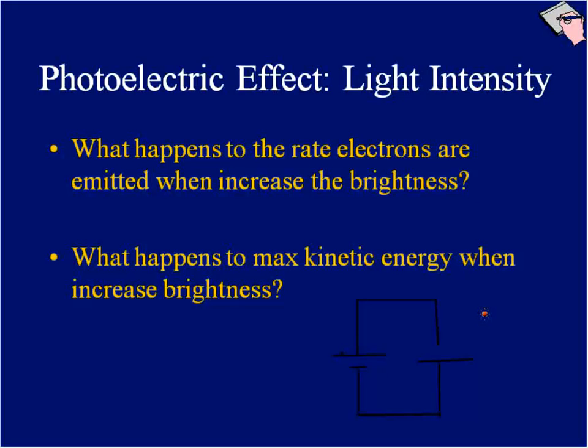After the work function, there could be collisions. If there were no collisions, the electron would have the maximum possible kinetic energy. If there is one collision, less. Two collisions, even less. It would keep on decreasing that way.